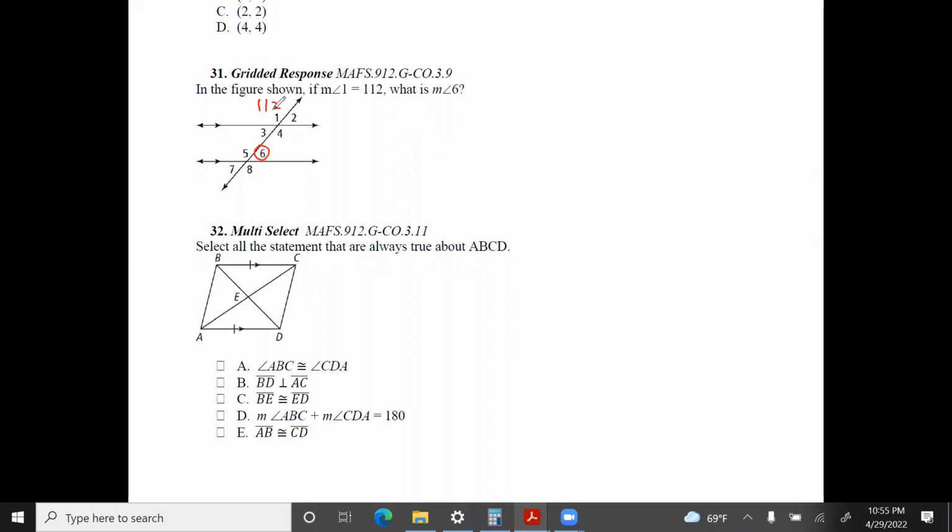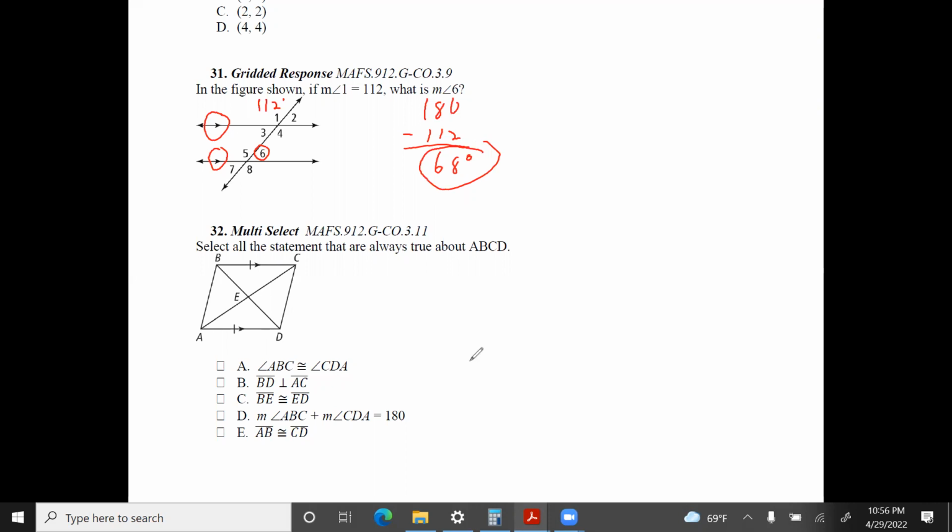Well, 1 is an obtuse, 6 is an acute. Together they have to be supplementary since these lines are parallel. And it gave us that marking over here. 180 minus 112 is 67. So 67 degrees is our answer.